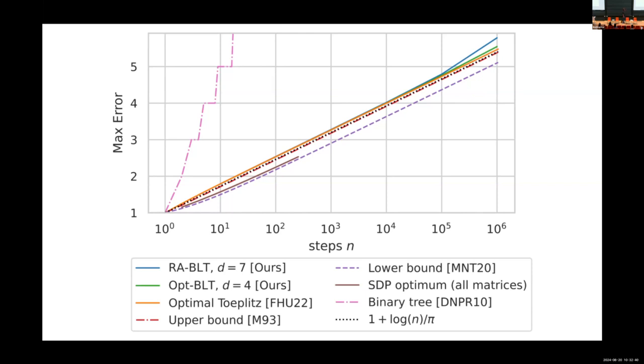And then our algorithm, so the FHU factorization, the previous algorithm I told you about, is the orange line. And then our algorithm is the solid blue and solid green lines that are very close to that. So we're slightly worse than this prior work, but in exchange we get polylogarithmic space.